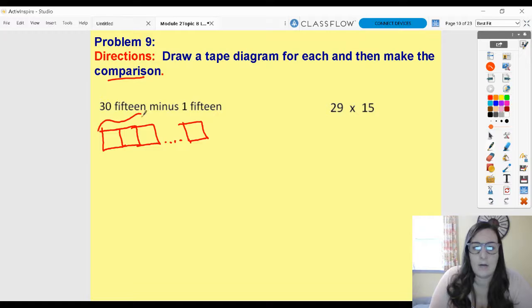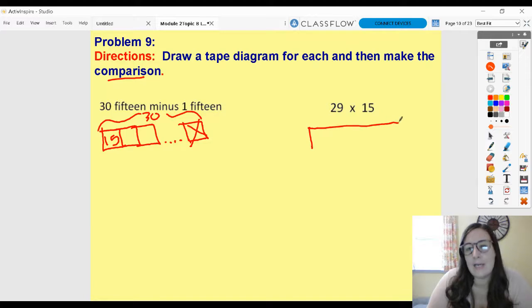I'm going to say that there are 30 of them, and each one of them is 15, and we're going to take away 1. And this one is 29 15s. So again, I'm not going to draw out 29, but I know that the total is 29, and each one of those squares is equal to 15.